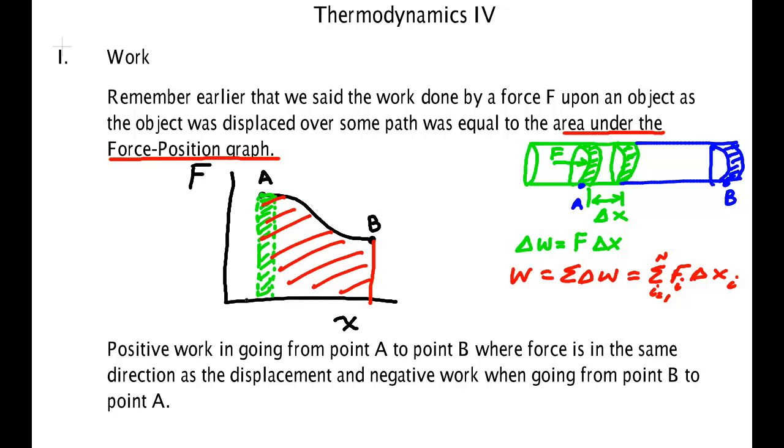So positive area work going from A to B, but we previously noted that it was negative work going from point B to A because the displacement vector is in the opposite direction of the force vector. What's changed now?